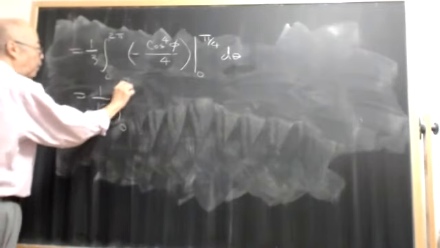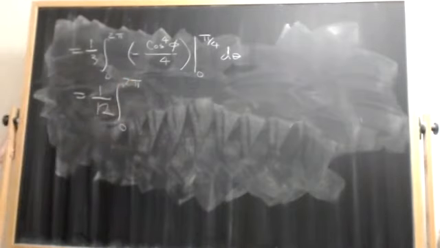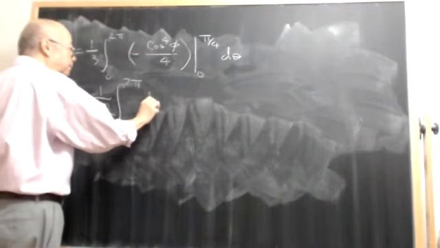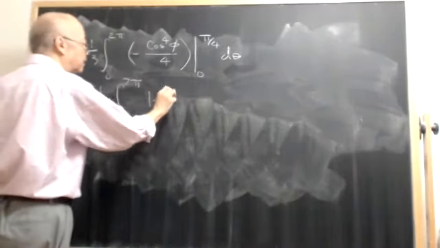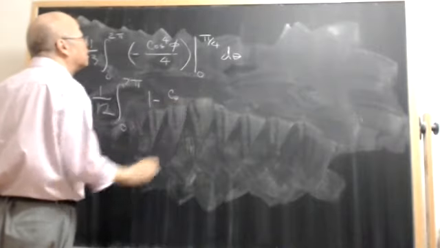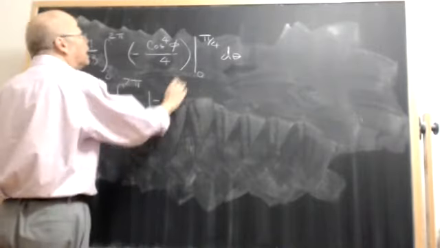times the integral from 0 to 2 pi. And then I have 1 minus, I put phi equal to pi over 4.